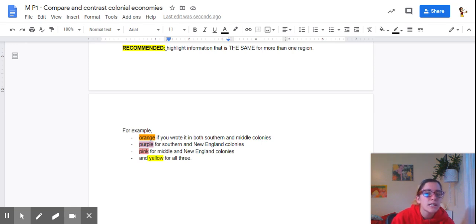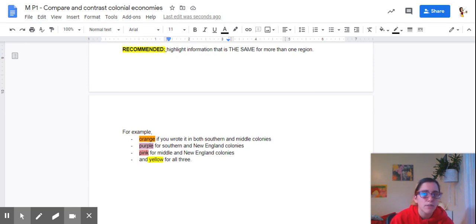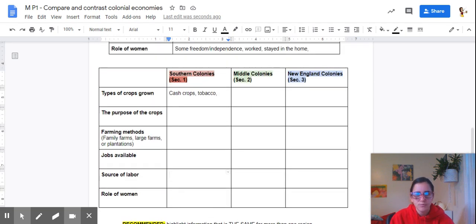For the middle and New England, I could make it pink or yellow if it's in all three. Do not think that you need to find a similarity between every single colonial region for each one. You don't have to do that. Okay. And lastly, for farming methods, all you have to pick is in between these three. You do not need to look it up or do any more. You just have to pick between these three.